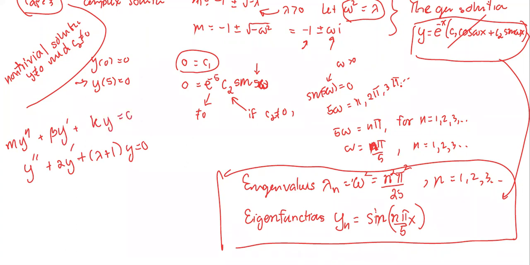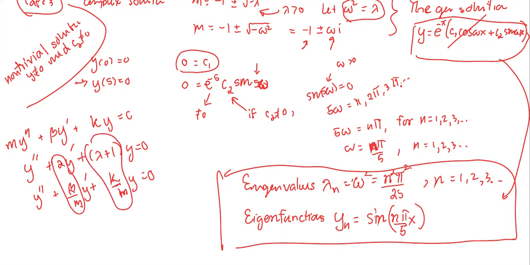When you rearrange, this is y double prime plus beta over m times y prime plus k over m times y equals 0. So you see the relationship: beta is the damping constant, m is the mass, and k over m equals lambda plus 1. When you pick the lambda, you can use it to pick the options for k and m.